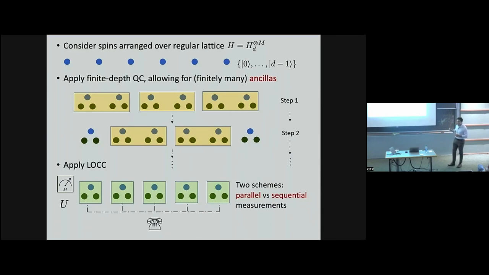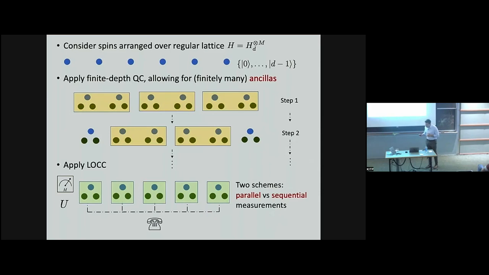So everything I will say in this talk pertains to the parallel measurement. So we will always measure everything at the same time. And this is a bit more natural in terms of time of preparation. And I will not touch upon the sequential scheme, but I just wanted to mention that even in one dimension, there are very simple states which appear to be difficult to realize, or maybe impossible to realize with parallel measurement, but are trivial to realize with sequential measurement. So maybe I can come back to it later.